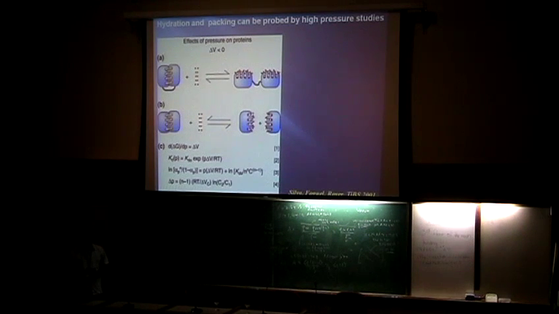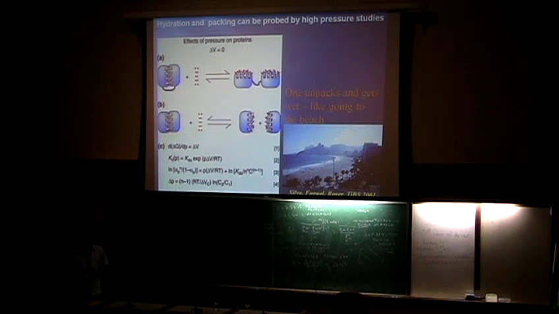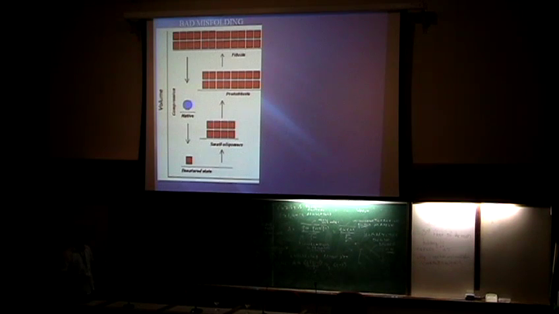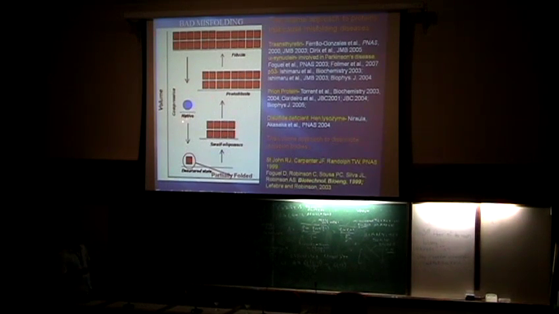But we and other people have seen that there is this very nice paper by Akasaka, published in PNAS, that when he has lysozyme in a conformation that is disulfide deficient, it tends to go to the amyloid conformation.